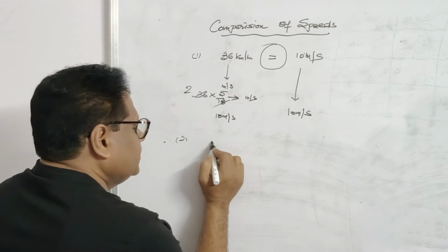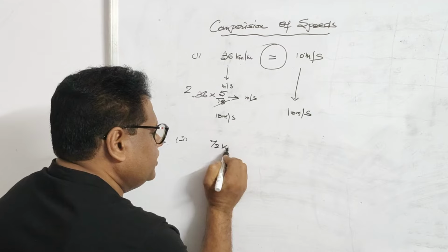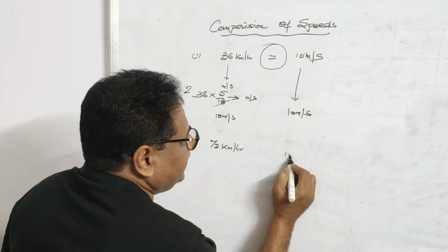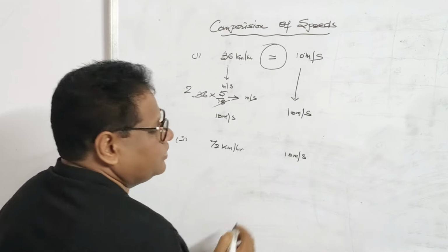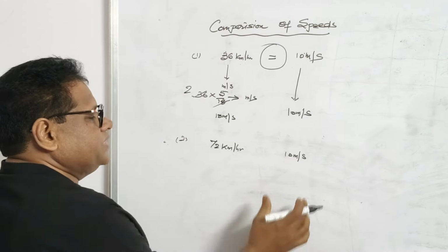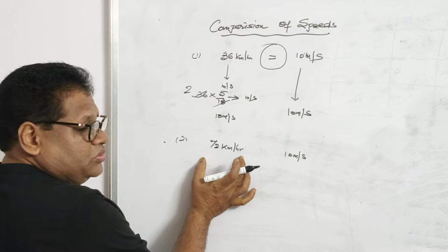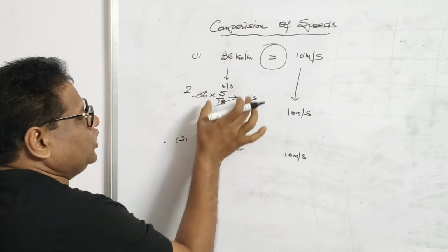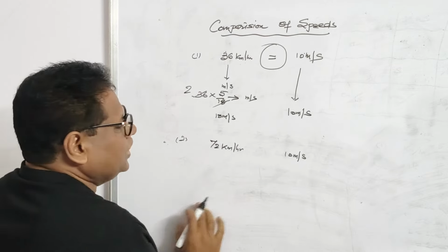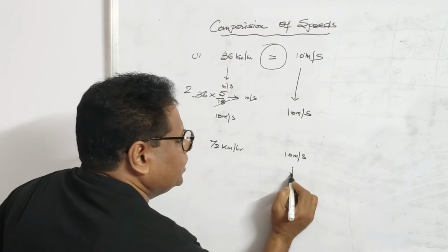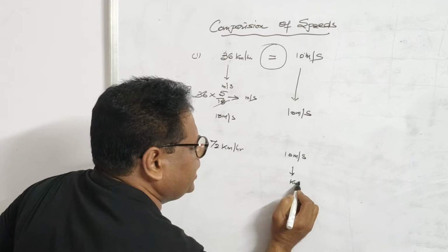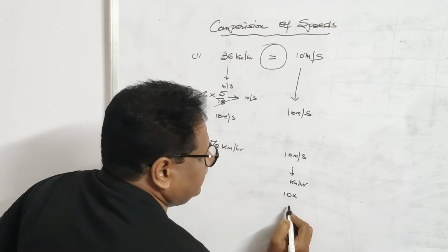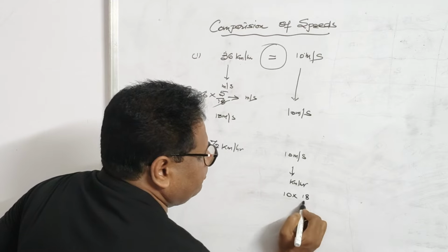Second question, 72 kilometer per hour and 10 meter per second. Now you can change this into kilometer per hour also, because in one question we have already converted kilometer per hour to meter per second. Now we are converting this. To convert this into kilometer per hour, the conversion is multiplying meter per second by 18 by 5.